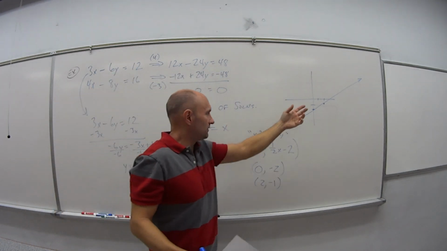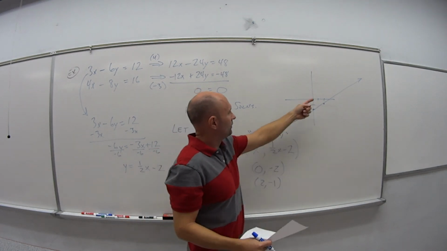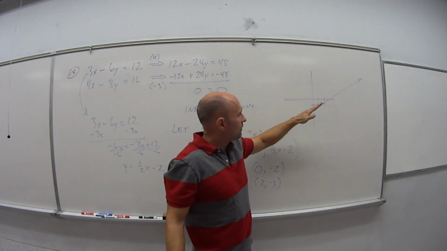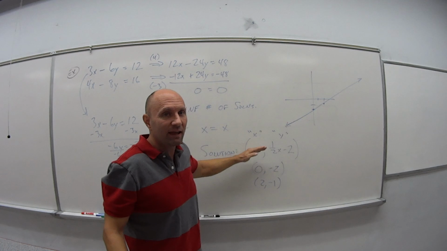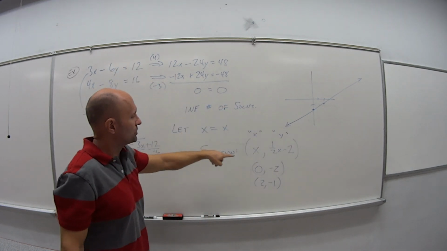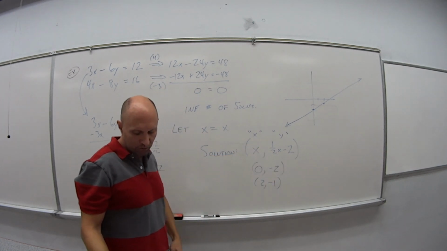It's infinite because the line keeps going, but it's not every single number in the world, because negative 1, positive 1 is not on the line, so it's not a solution. But this line represents the entire solution set for this system, which can be written as x and then 1/2 x minus 2.